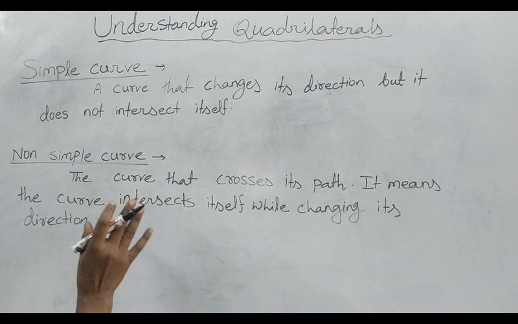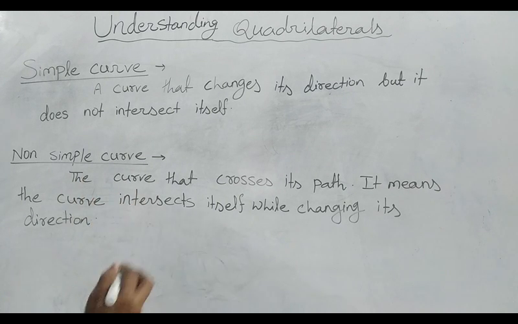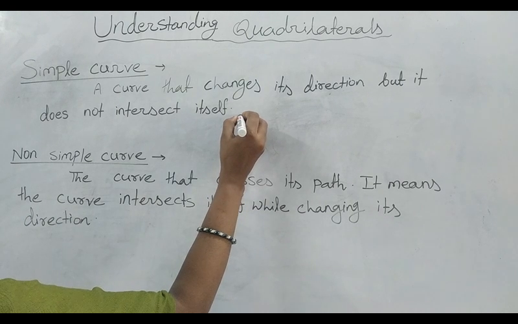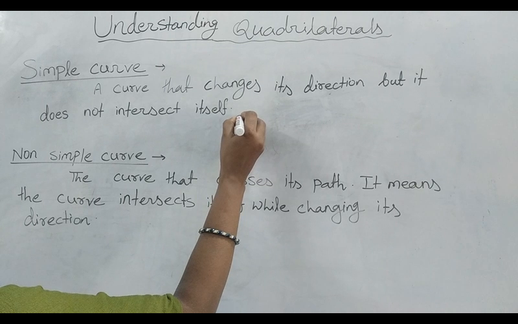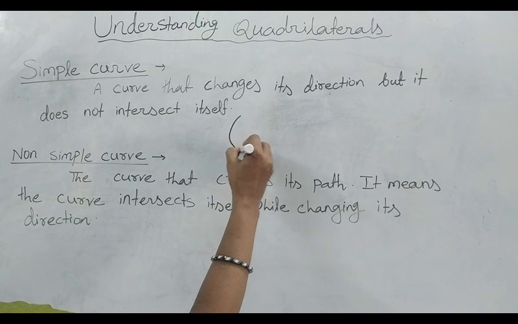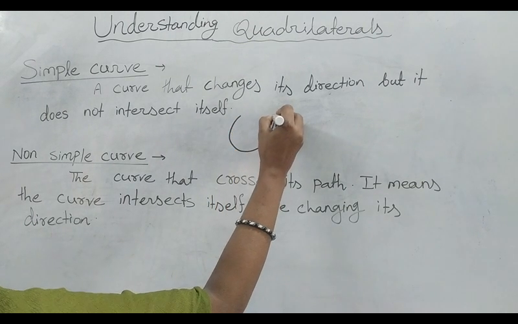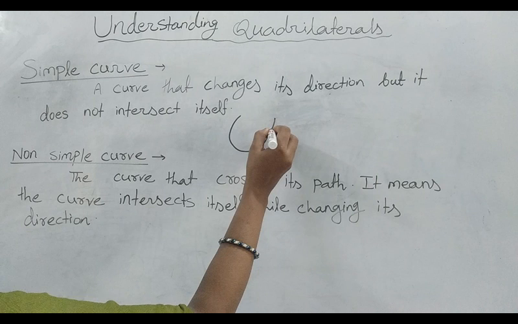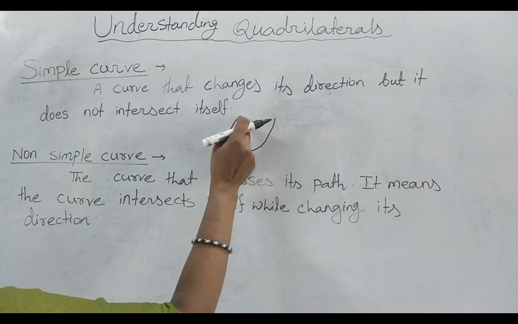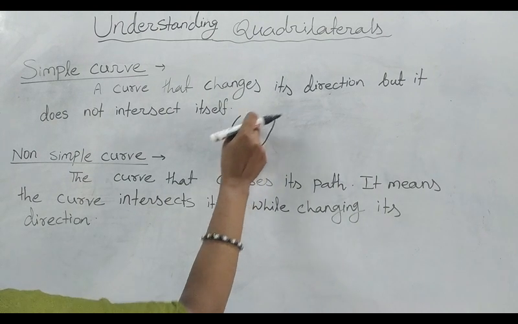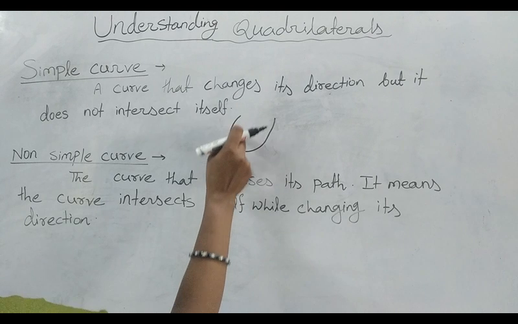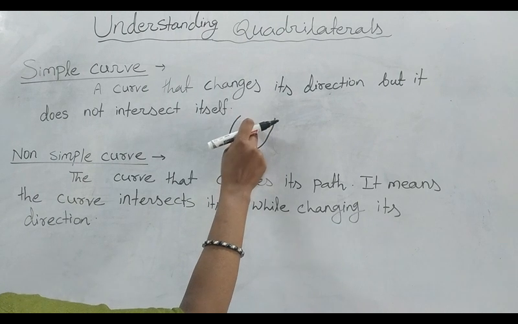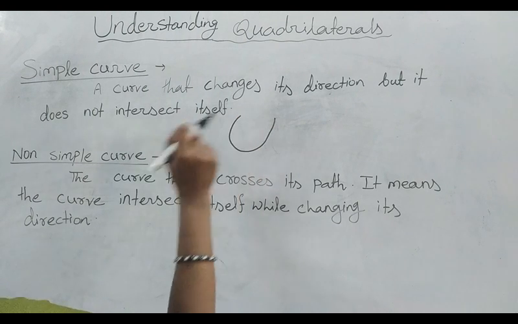That means when we draw a curve like this, starting from this point and finishing at this point, the direction changes here, but the lines do not intersect anywhere. That means the curve does not cross itself, does not cut itself.